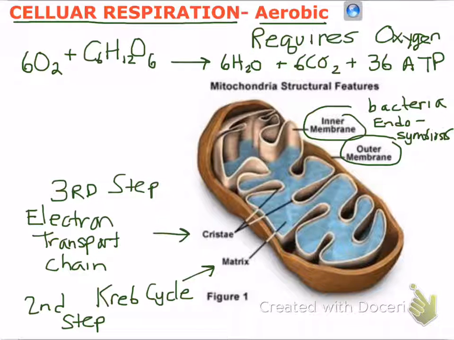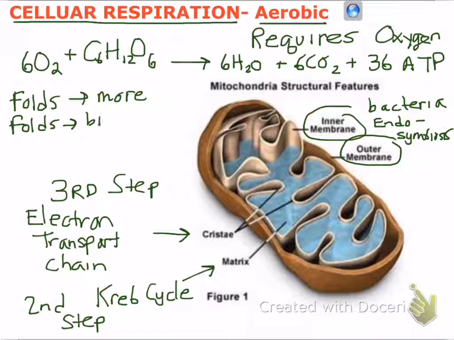Notice that the structure of the mitochondria has all these folds in and out. The many folds of the mitochondria increases the surface area of the electron transport chain. So if there's more folds, you can have a bigger electron transport chain, which is more reactions.